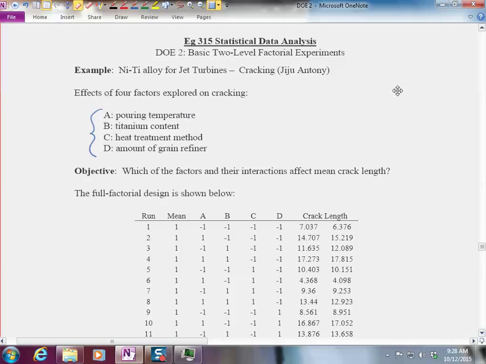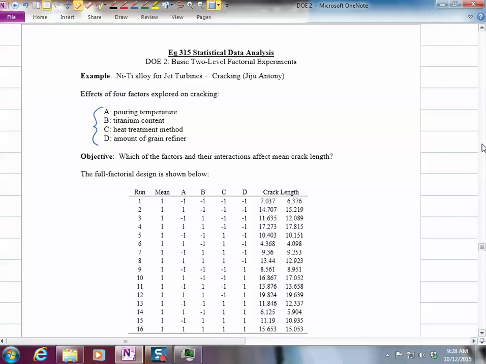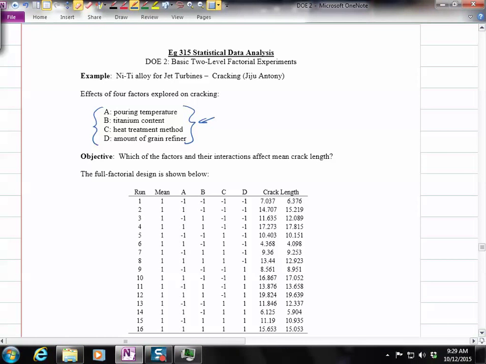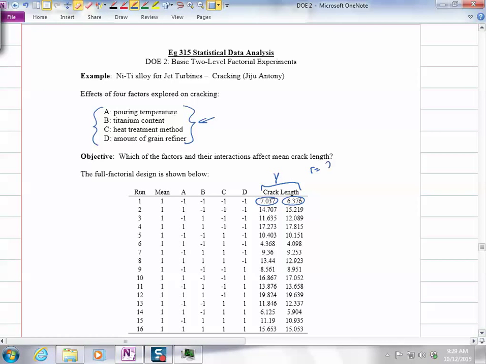They got together, and I don't know if the book gave the true values of these, but they set high and low values for each of those, and then ran an experiment and measured the crack length, and that's our y value. And how many replicates do we have? 2. How many total points do we have?